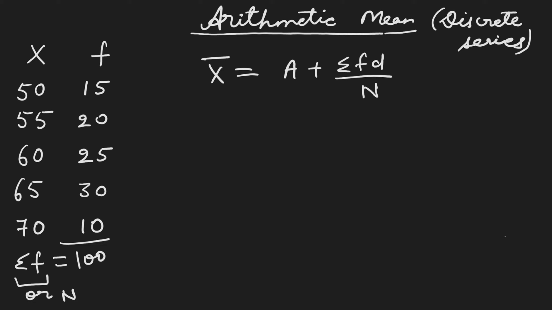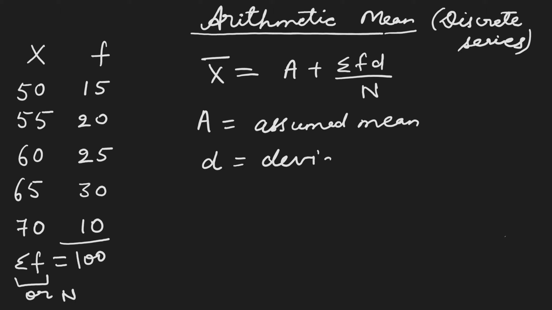There also we had the same formula, and all the meaning is same, that a means assumed mean and d is deviation from assumed mean.